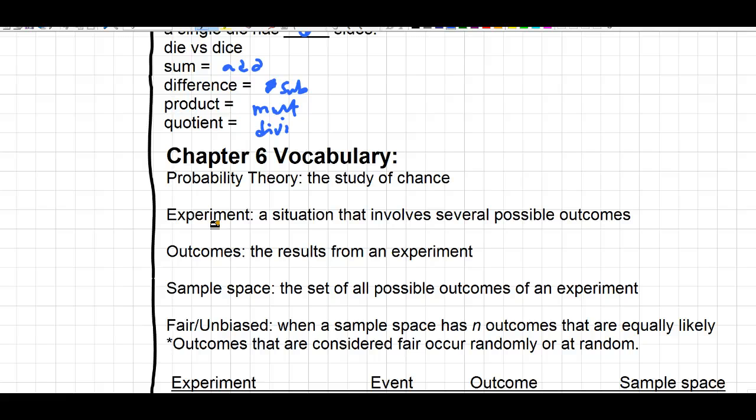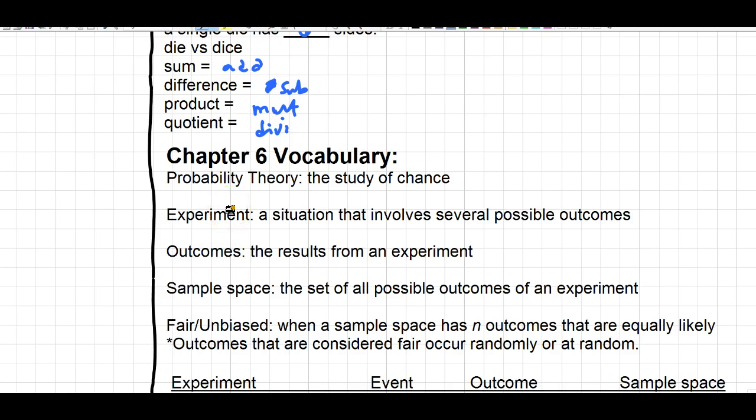There's going to be no lab notebooks or anything like that. We're just talking real generally, when it's an experiment, we're talking about a situation that has several possible outcomes. Since that definition includes the word outcome, let's make sure we know what that means. An outcome is just the results from your experiment. What are the things that you're expecting to have happen?